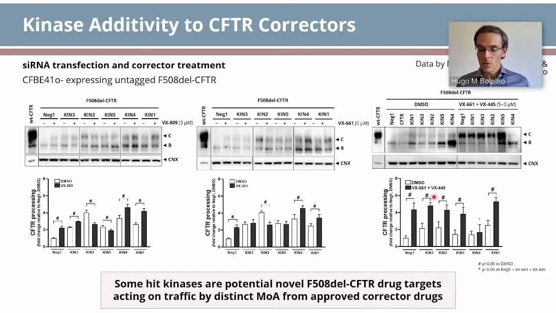We observed that several corrector treatments are additive to kinase knockdowns. In most cases, additivity is positive, but when kin4 is knocked down in the presence of VX445, we observe decreased rescue. These data suggest that some hit kinases are potential novel FA-Del drug targets, acting on traffic by distinct mechanisms of action from approved corrector drugs.